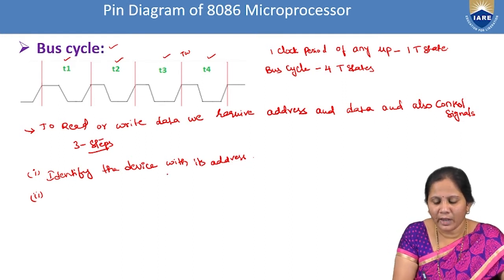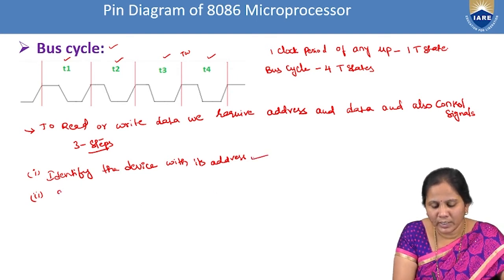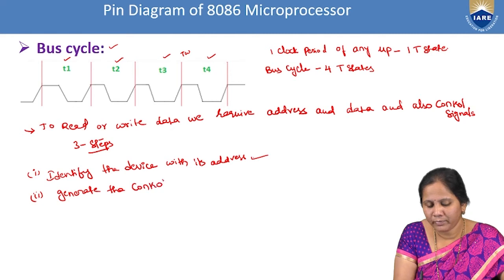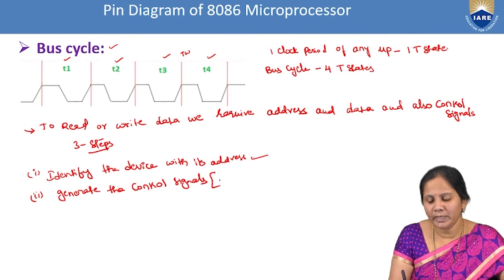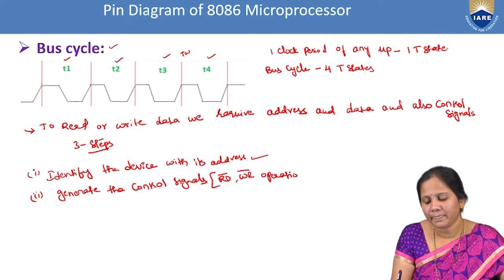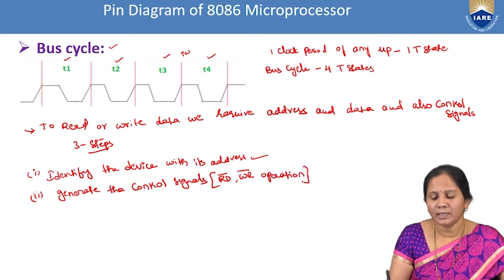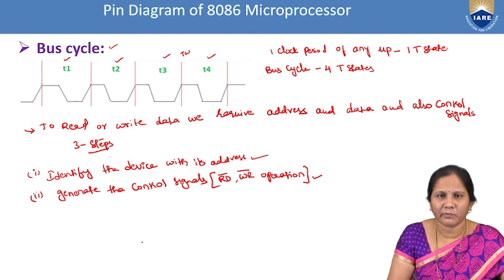Next is to generate the control signals. The control signals will have the read and write operation. This is the second step that should be performed.